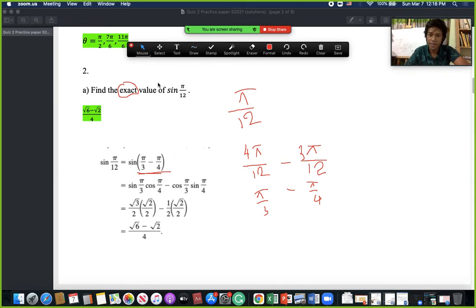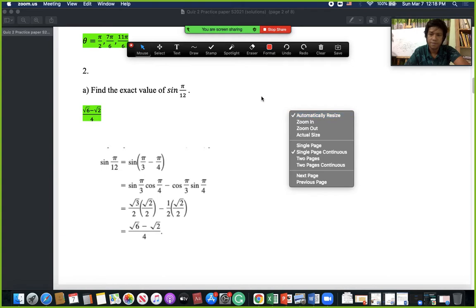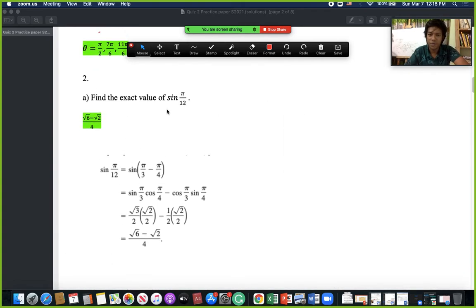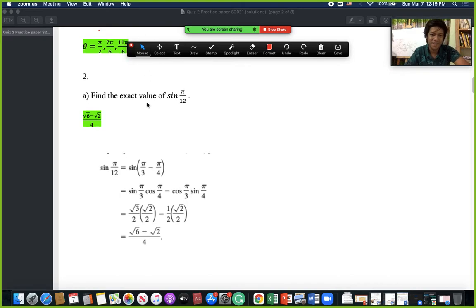If you don't write the exact value for a question which asks for the exact value, you may lose half marks at least. You have to find the exact value, or else this math is just silly, because you just put it in the calculator and find the answer without doing anything. You understand? Then this math becomes silly.